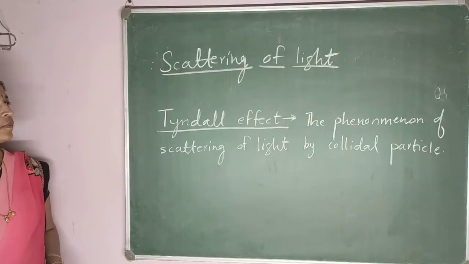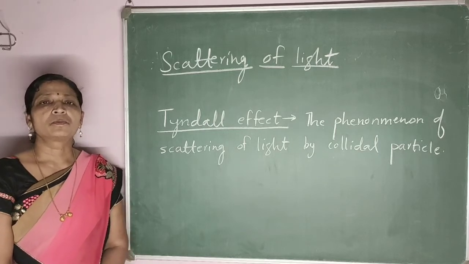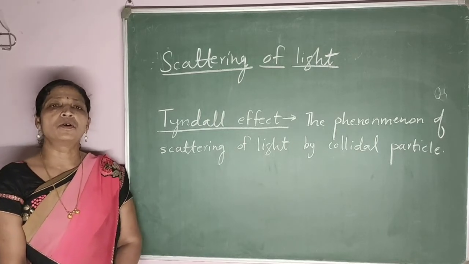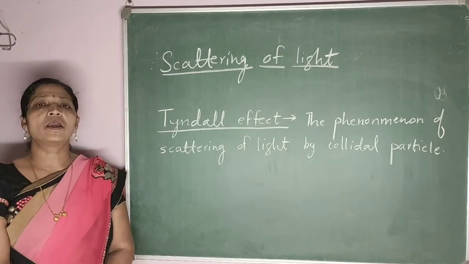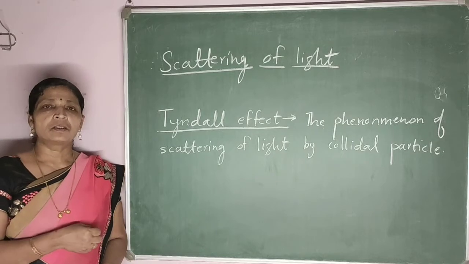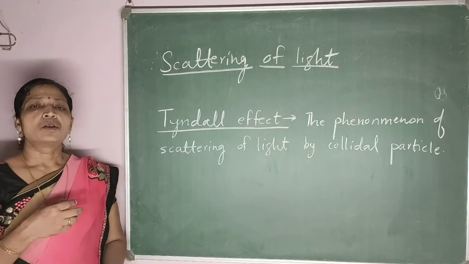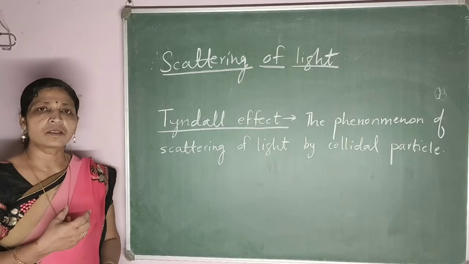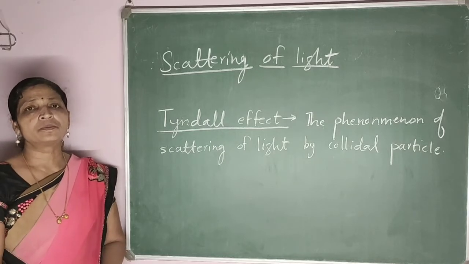Scattering of light. As you know, the earth is surrounded by its atmosphere, and the atmosphere of earth is a heterogeneous mixture of different particles like molecules of air, dust particles, small droplets of water, smoke, or different gases. So here we can say it is a mixture of particles.